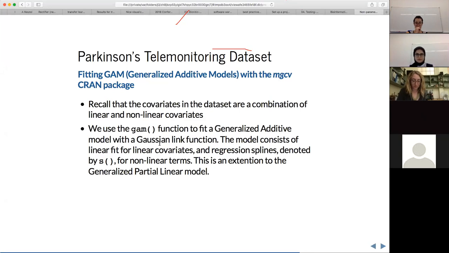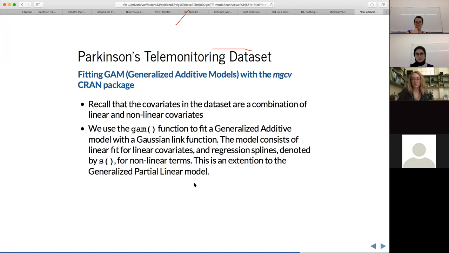The model consists of a fit for linear covariates and some regression splines, denoted by S, for nonlinear terms. And of course, this is an extension to the generalized partial linear models. Why do I say it's an extension and it's not the generalized partial linear model?